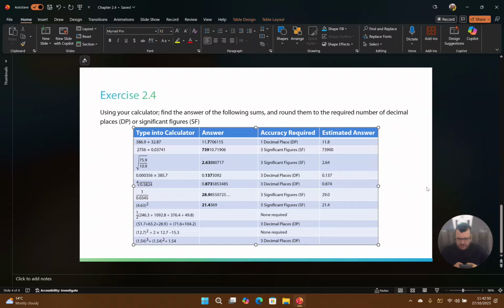1/2. But what we've got here is 1/2 of 246.3 plus 1092.8 plus 376.4 plus 49.8.